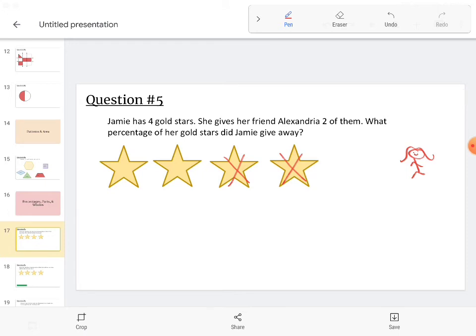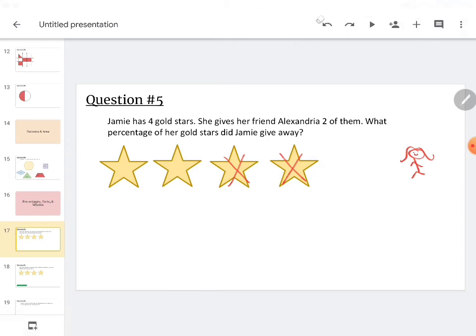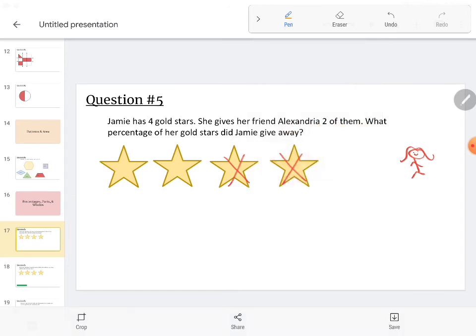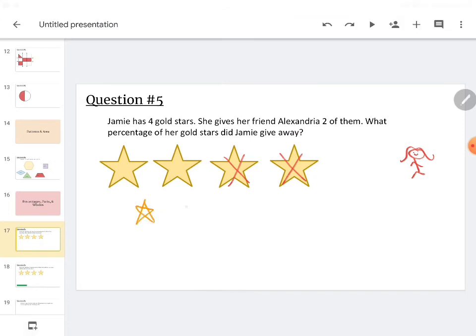Well, to figure out what fraction of her gold stars Jamie gave away, we're going to draw a picture that helps us determine it real quick. We'll use orange to make it a little bit easier. We know that Jamie gave away 2 of her gold stars, and forgive me, these aren't very good gold stars, and altogether she had 4.